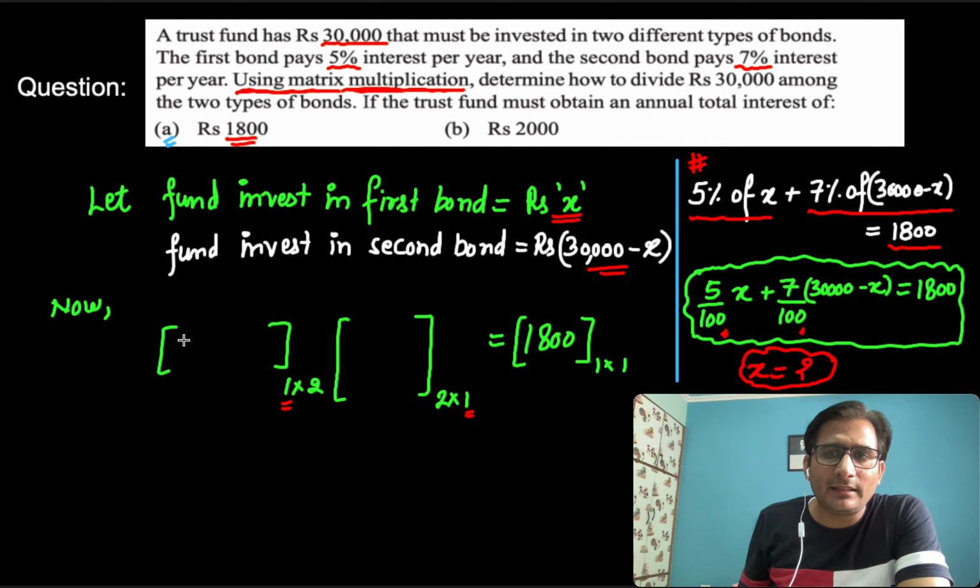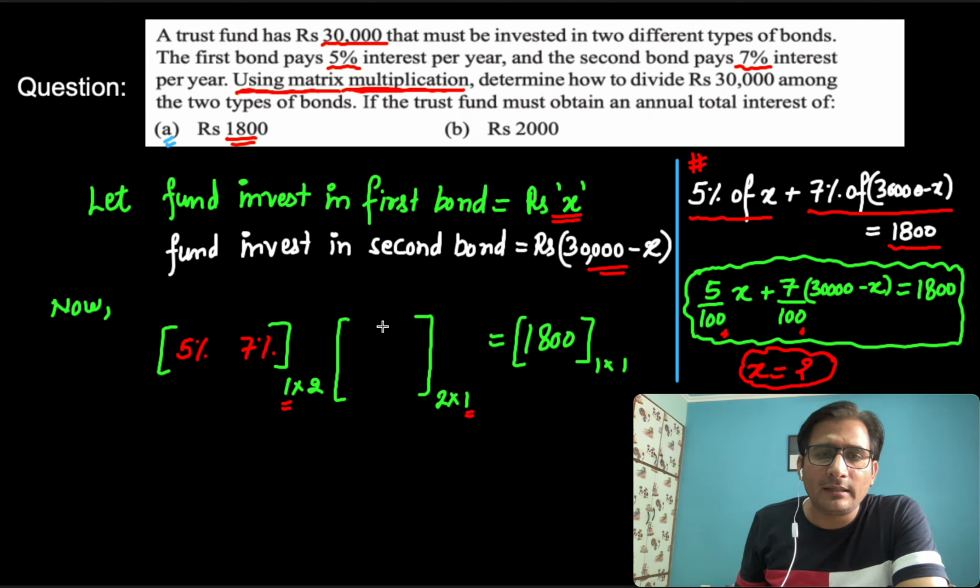Let us write the interest here, 5% and 7% in this matrix, right? And write the amounts here, x and 30,000 minus x. So these are the two matrices. We need to multiply these two matrices, and the product gives the interest 1800.